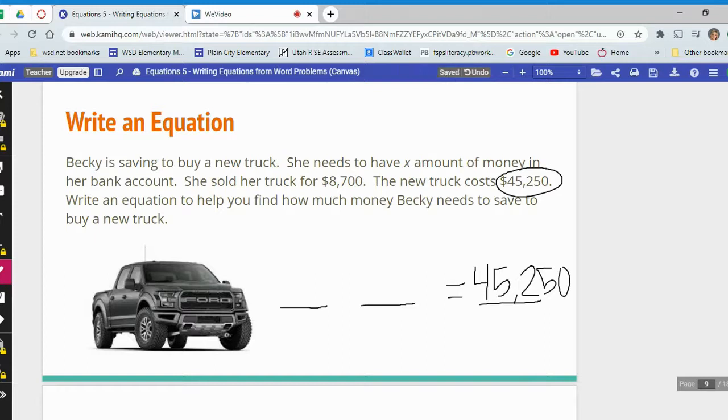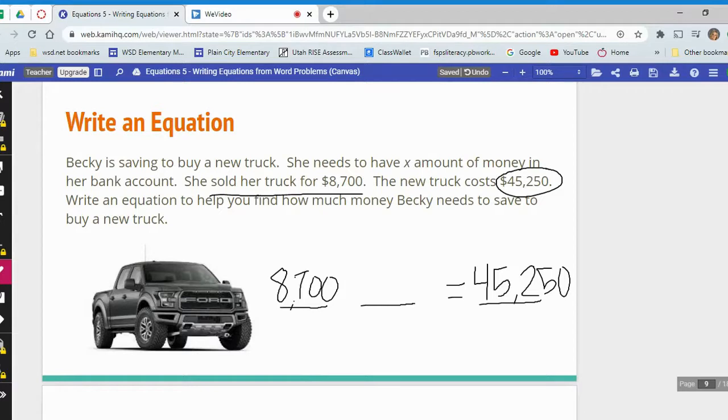That's how much money I have to have to buy that truck. Now, let's think about this in real life. What does she already have? Well, it tells us she sold her truck and has 8,700. So I'm going to put that right here. That's what she has. 8,700. And what are we missing?